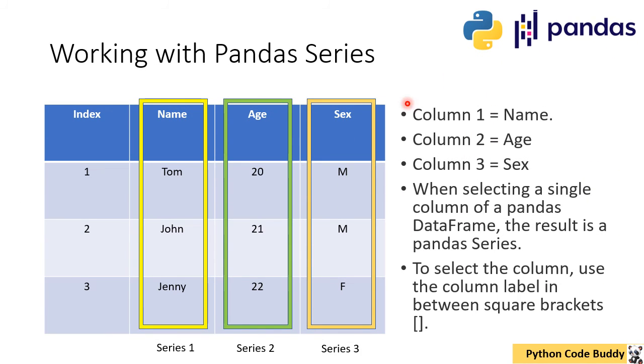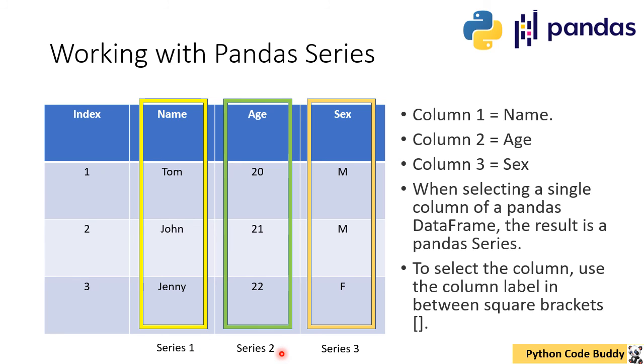Again, further analyzing this, as I told you, this data frame can be split into 3 columns, or you can also call these columns 3 series. Series 1 is column 1, for the name, which has Tom, John, and Jenny.